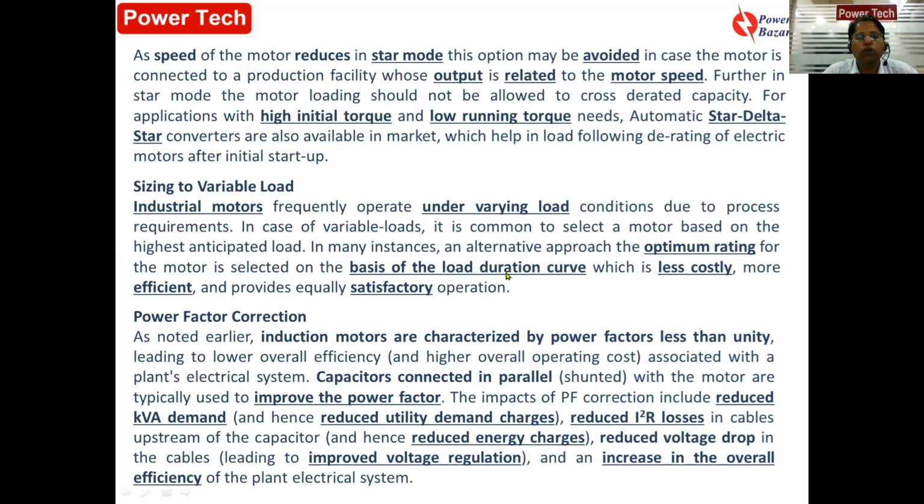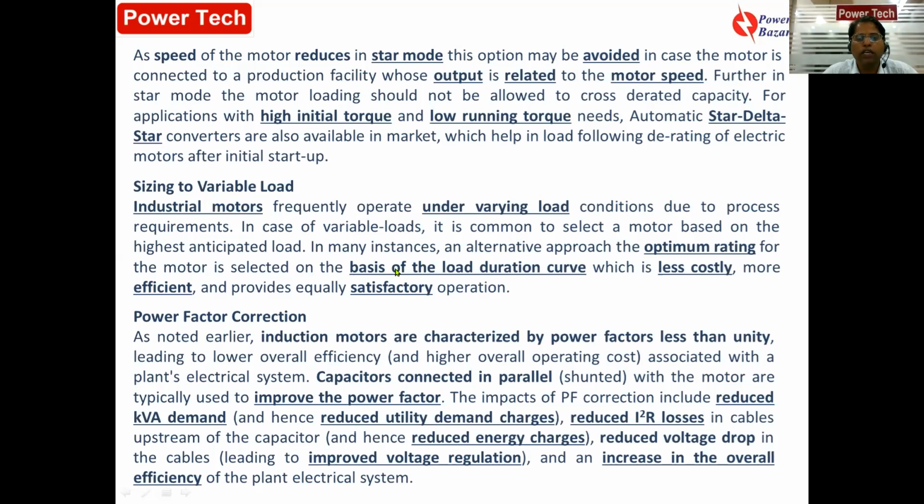By plotting the load duration curve, we can know at what time, or for how long, the motor loading will be how much. So if for most of the time the loading is very nominal, then we should select the motor size for that nominal or lesser value of load. Sometimes for a few seconds, few minutes or few hours of a daily operation, it touches the highest size.